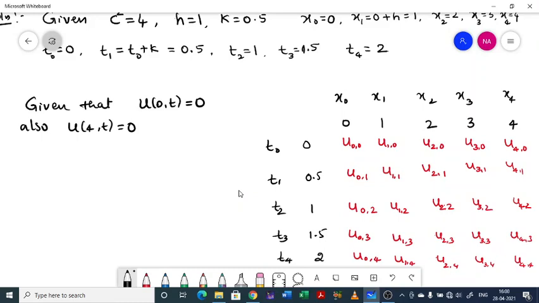U of 0 comma t is 0 and U of 4 comma t is also 0. That means when x is 0, for any value of t, the values will be 0. Then all these will be 0. This should be 0, this should be 0, this should be 0. And when x is 4, these values are also 0.